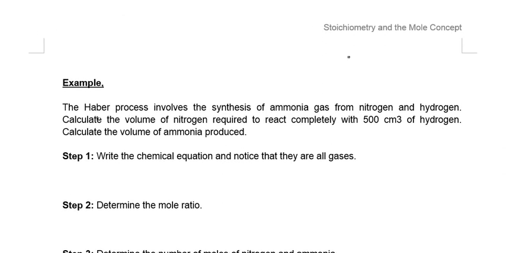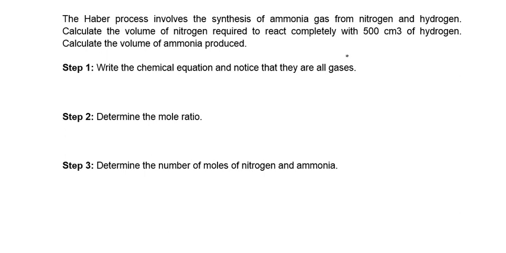So let's take a look at the example here. The Haber process involving the synthesis of ammonia from N2 and H2. So step 1, as usual, equation: N2 plus H2 gives NH3. Balance the equation. So now, let me determine the mole ratio. I know that there is 500 cm³ of hydrogen gas.